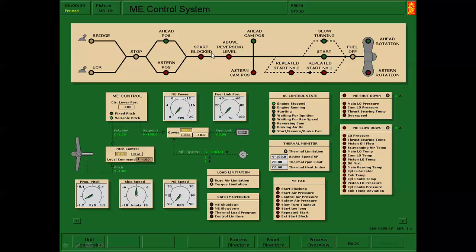Start blocked means that the main engine cannot be started, and pneumatically it's blocked from a start. Above reversing level is when you're trying to do a crash astern. The main engine typically can't be started astern if, on most vessels, you're moving about six knots through the water.